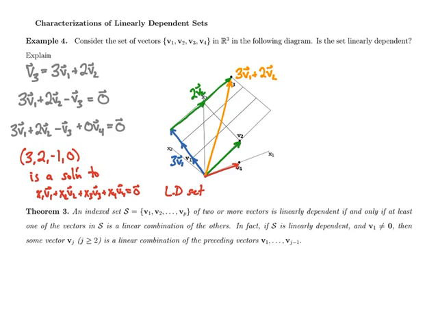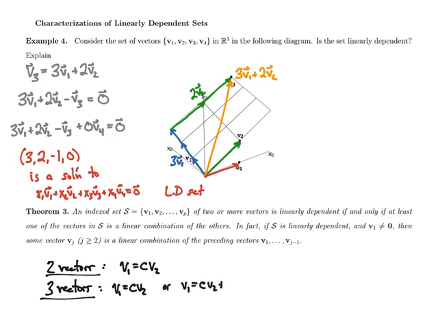We saw with two vectors, that meant that v1 and v2 were just multiples of each other. But if you get more and more vectors, you can say in generality that if you have three vectors, you could have something like v1 is equal to cv2, or something like v1 is equal to cv2 plus dv3.